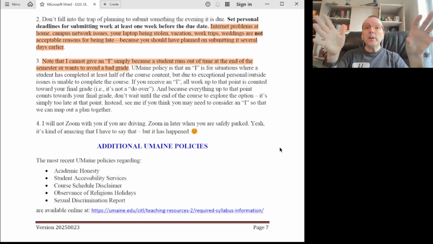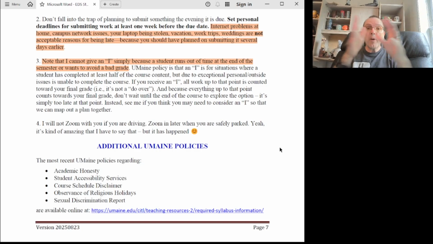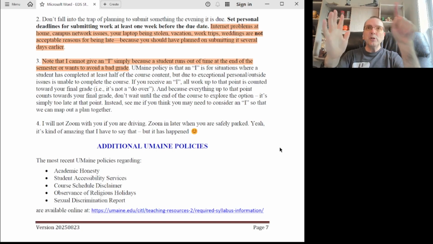That's deliberately to incorporate all the possible issues that can emerge, whether it's internet problems, campus network problems, your laptop gets stolen or broke, or you're on vacation, or you're working, or you're getting married. I've built in this giant cushion. You should be planning to submit things well before that deadline.